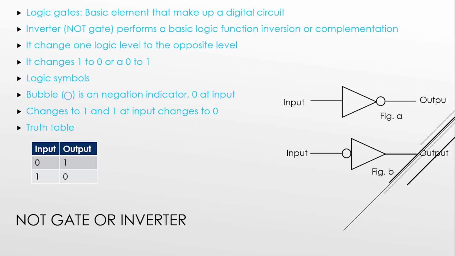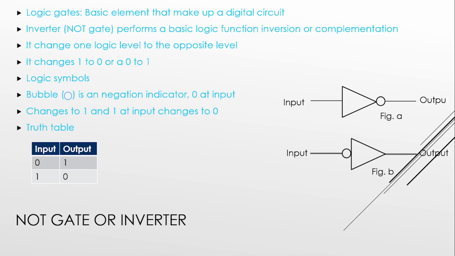So logic gates are basic elements that make up the digital circuit, or simply logic gates are the basic elements that perform the operations of digital electronics. That means they perform the binary arithmetic operations in a very special way.